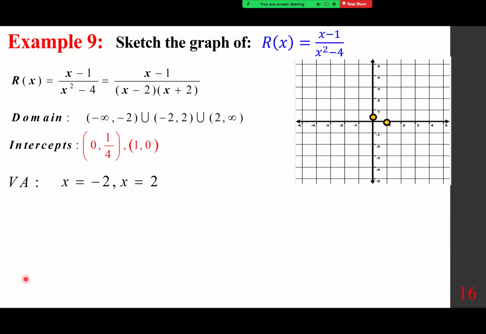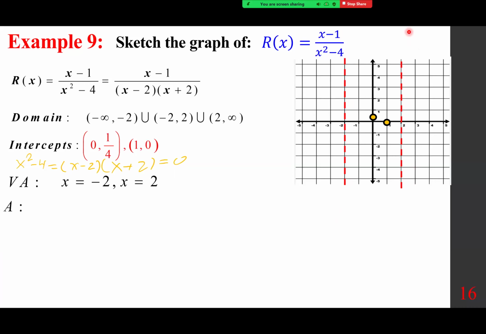Okay, so you set x squared minus 4 equals x minus 2 times x plus 2 equal to 0. And that gives us x equals -2. That also gives us x equals 2. So those are the two vertical asymptotes. So x equals -2, x equals +2.